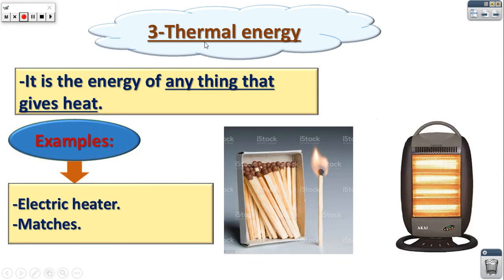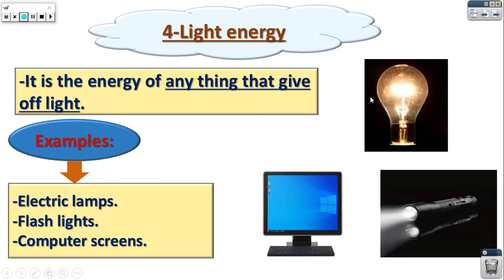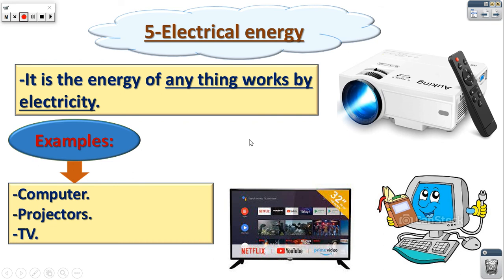Let's go to thermal energy, or heat energy. Anything that gives heat contains thermal or heat energy, like the electric heater and the matches. Both of them produce heat, so they contain thermal energy. Light energy: anything that gives us light contains light energy, like the electric lamp, flashlights, and computer screens.